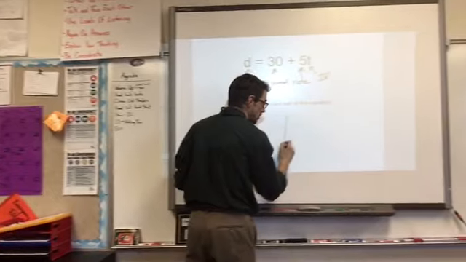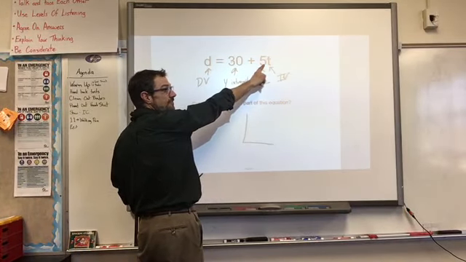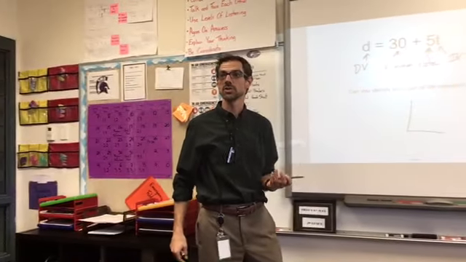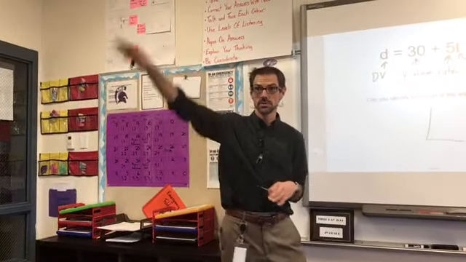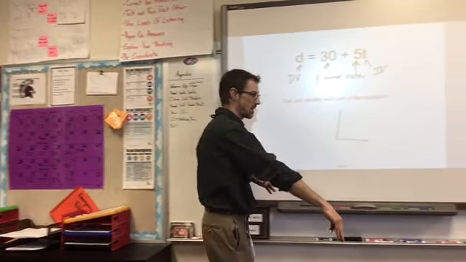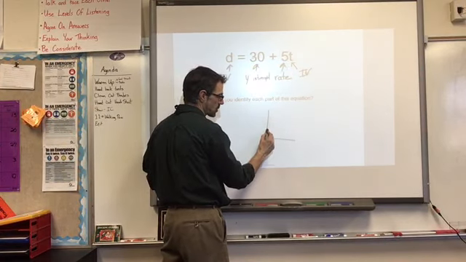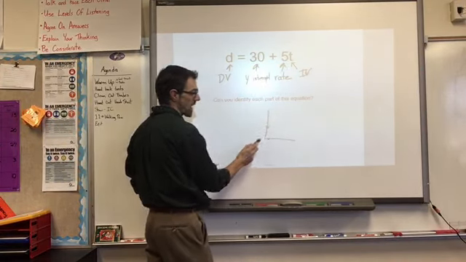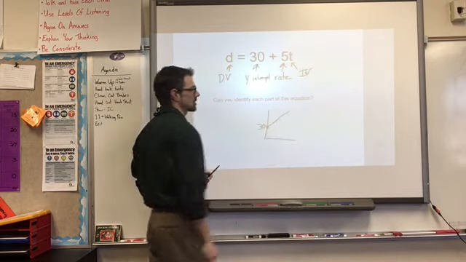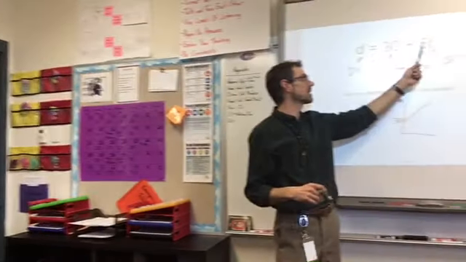So this graph is going to look something like it's a positive relationship. Is the 5 negative or is it positive? Positive. So it's going up. If it was negative, it would be going down. But this is positive. We know that it's going to start on the y-axis, and this y-axis point is 30, and it's going up at a rate of 5.